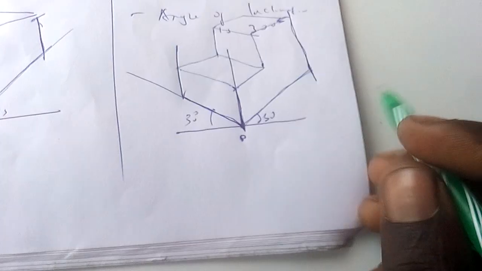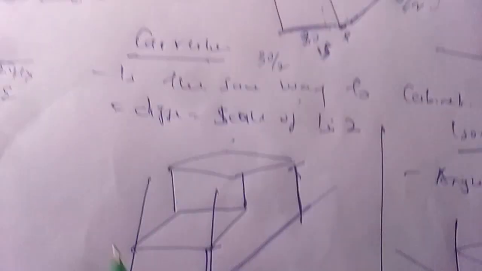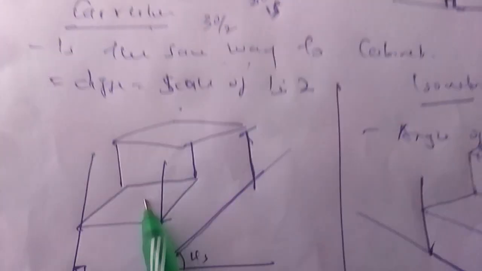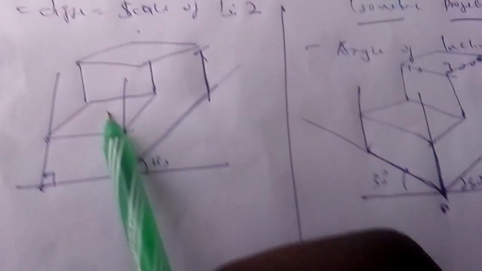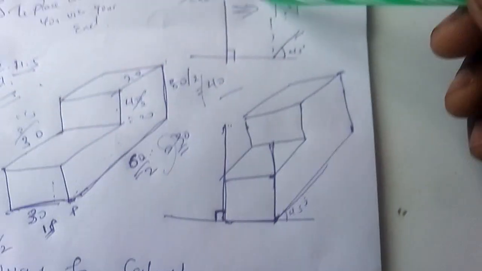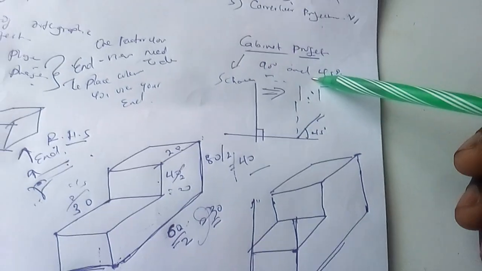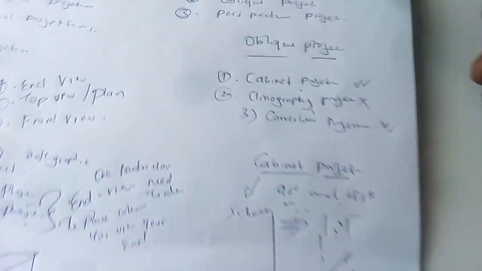So in isometric, the angle of inclination is 30. In Cavalier, the angle of inclination is 45 and 90. In cabinet, the angle of inclination is 90 and 45. And this is the pictorial projection.